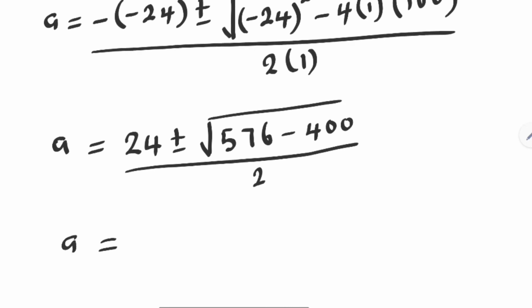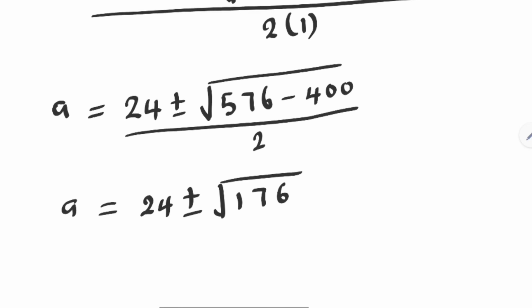A is equal to 24 plus or minus square root of 576 minus 400, that is 176, divided by 2.